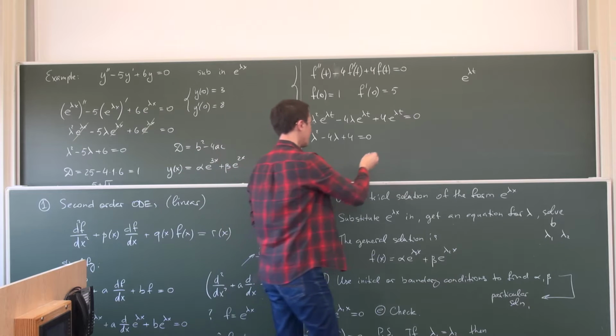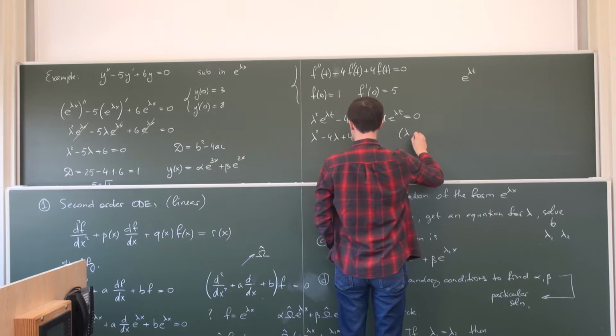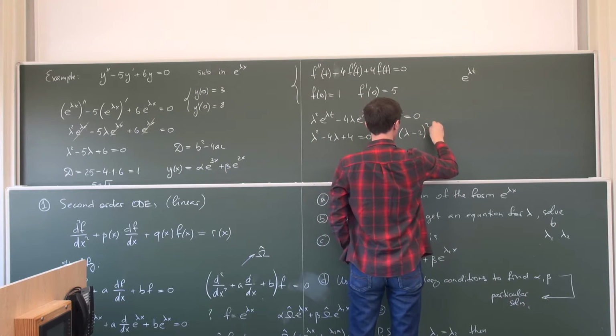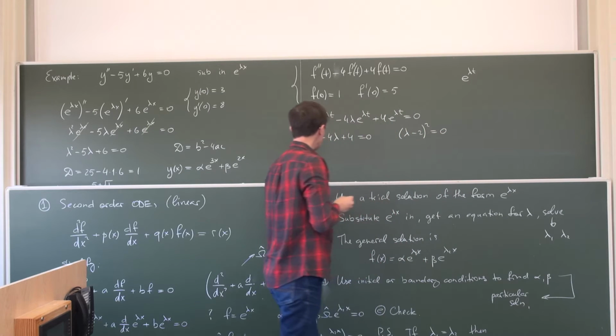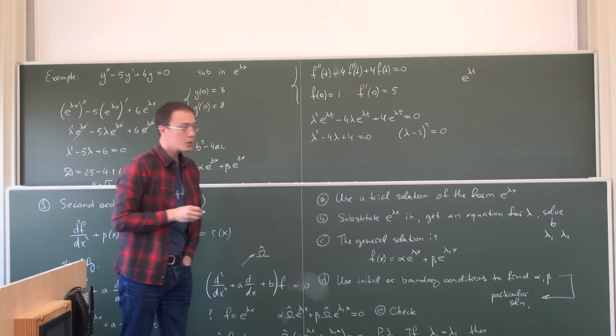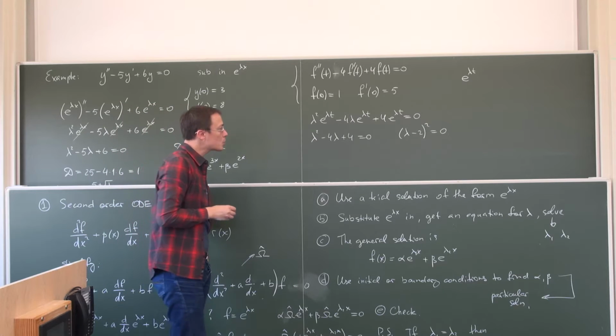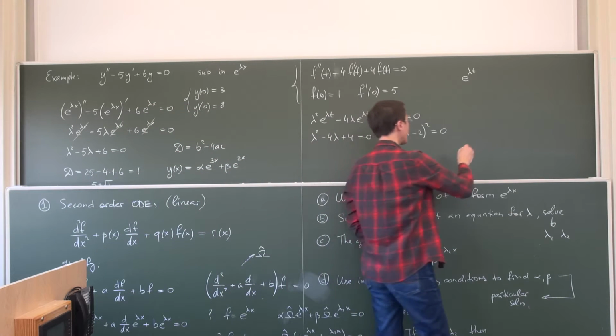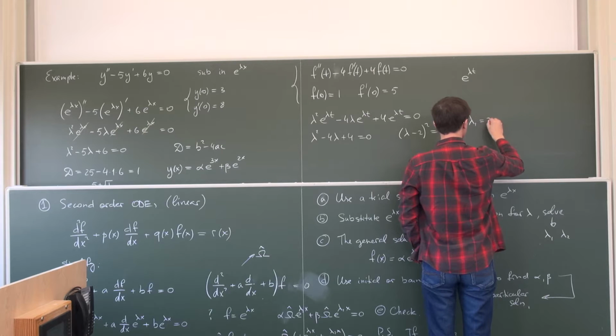Here it's immediately visible that this is (lambda minus 2) squared equals 0. And that, of course, has two solutions, and both of them are the same. Lambda 1 is 2, and lambda 2 is 2.